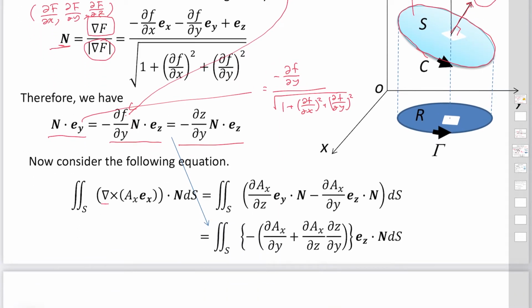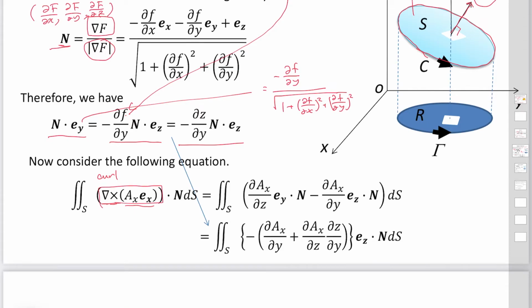Del operator, cross product. This is a curl. And then the first component, a sub x, e sub x dot, surface integral n dS. n is a unit vector perpendicular to the surface dS. Then for the curl, use the definition of the curl.